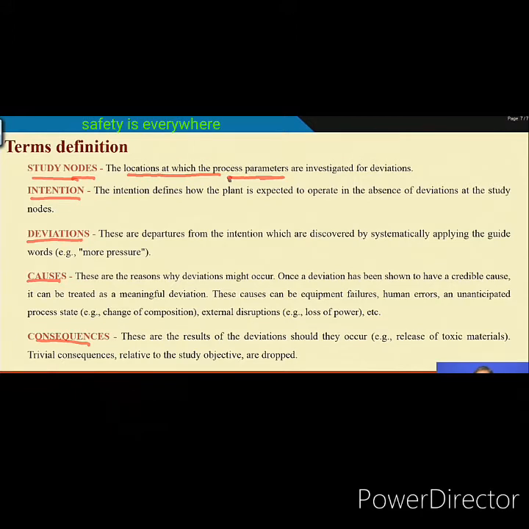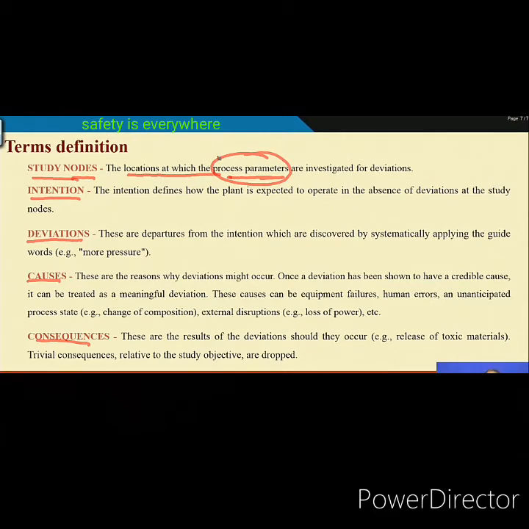Similarly, if you think of a chemical reaction, the reaction time could be of importance, and the reactor will be the location at which you are interested to conduct the HAZOP study and find the deviations. So, the study node is the location at which the process parameters are investigated for deviations. Obviously, the process parameter is important.